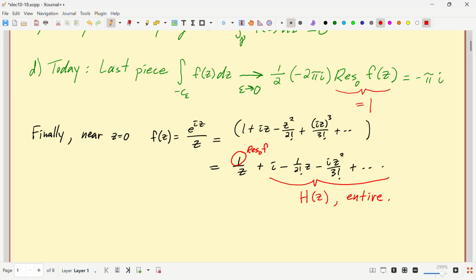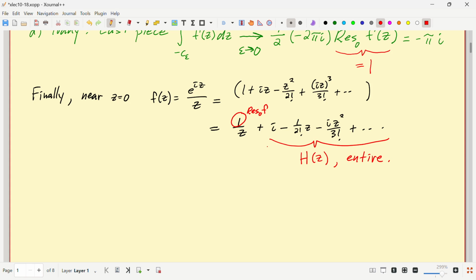That's the residue at 0 of f. Now when I integrate f on the little c epsilon, because h is entire, of course, it would be bounded on the unit disk. So let's say the absolute value of h of z is less than or equal to something on the closed unit disk.